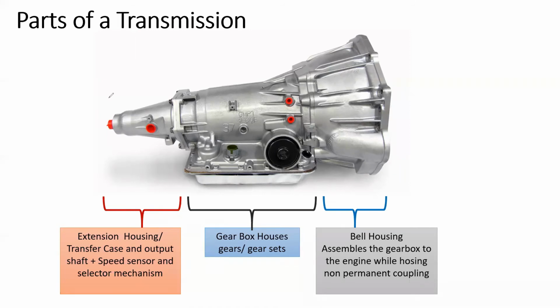So extension housing, as I told you, there's not much to see. One more thing, the reverse switch. In order to select reverse, the electronic signaling switch, a small switch, is usually housed in the extension housing, for easy maintenance.